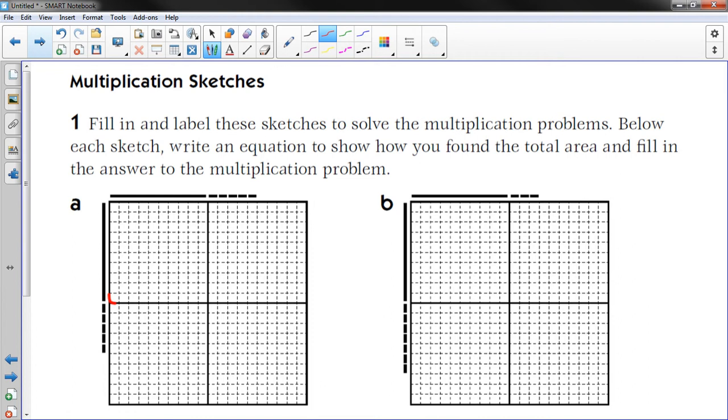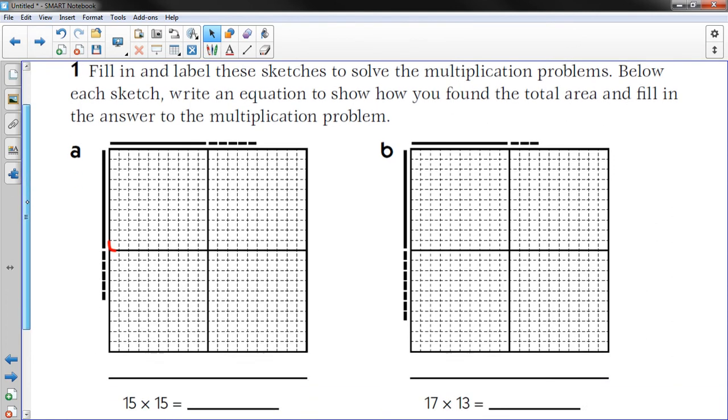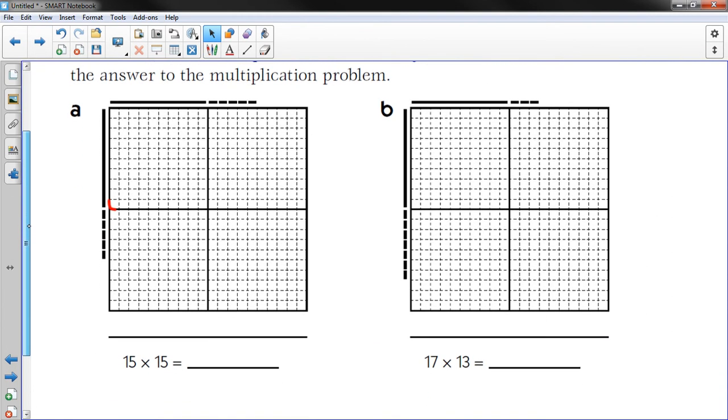Number 1, fill in and label these sketches to solve the multiplication problems below each sketch. Write an equation to show how you found the total area and fill in the answer to the multiplication problem. Well, this rod here represents 10, plus each dash is a 1.